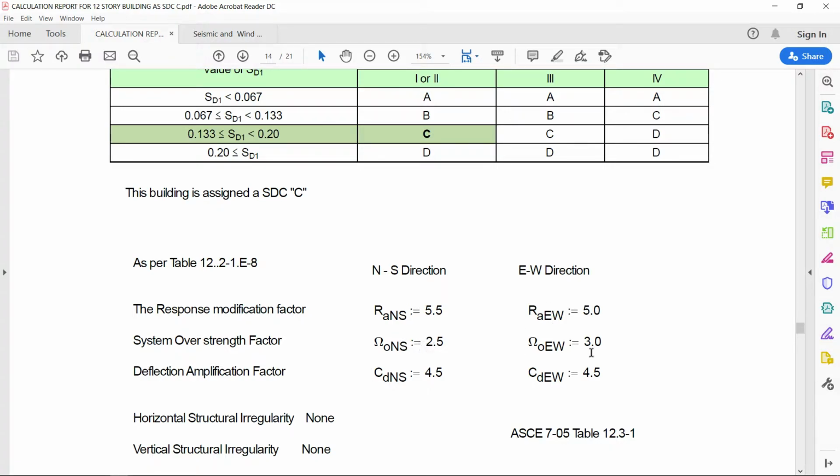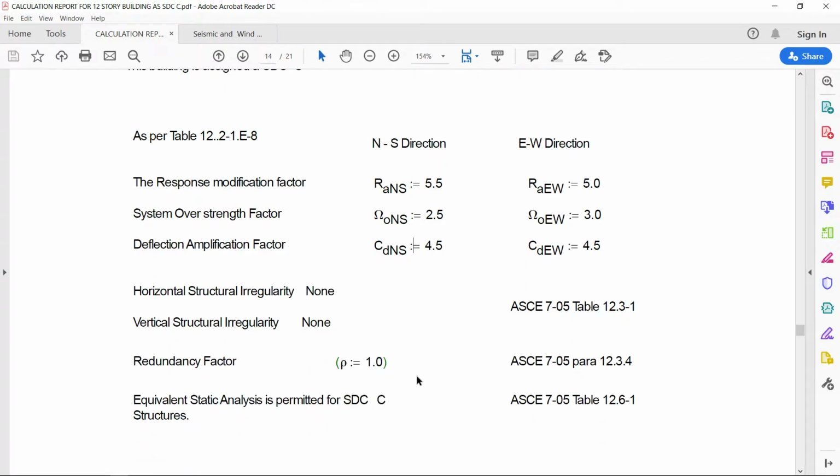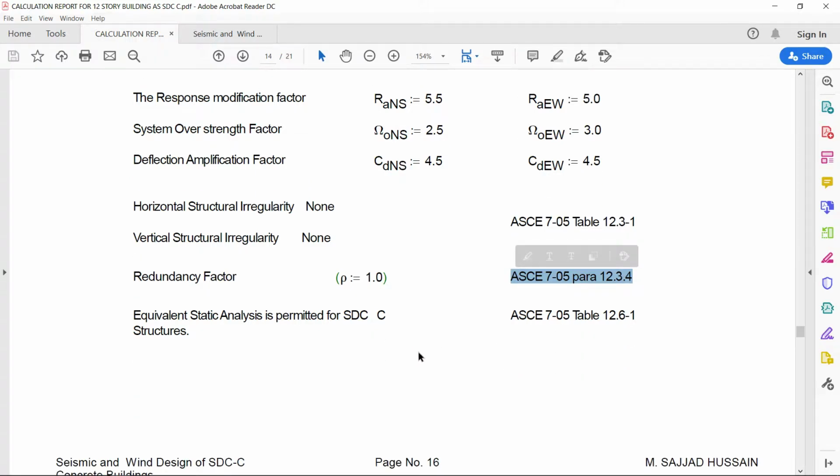Omega is 2.5. Here in east and west direction, omega is 3. CD for both the cases is 4.5. No irregularities, and the redundancy factor as per paragraph 12.3.4 is 1.